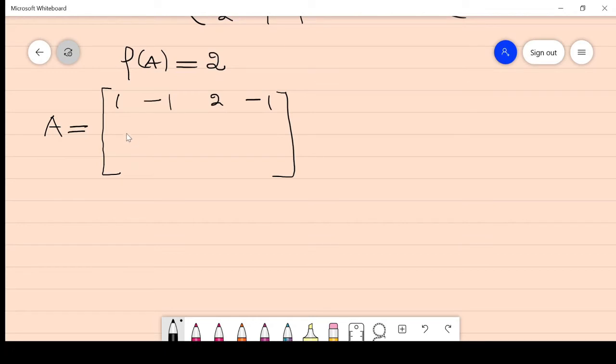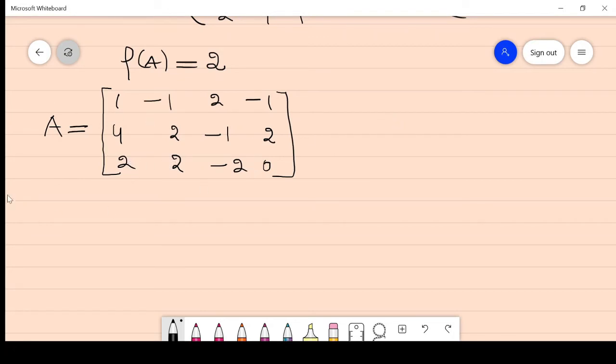Second row is 4 2, 4 2 minus 1 and 2, and third is 2 2 and again minus 2 and 0. So the statement of the question is to find matrices P and Q such that PAQ is in normal form, where A is this matrix. So this is a very important question.